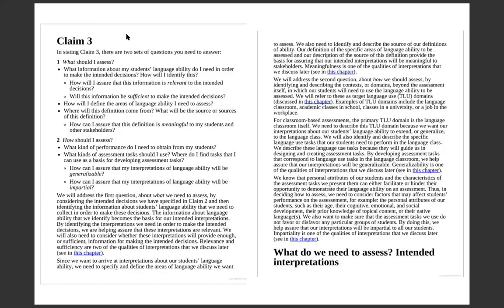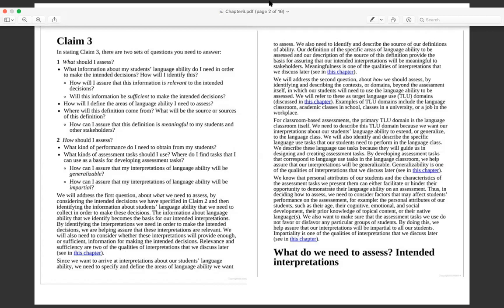Okay, so of course, if you read this first paragraph after the questions, then you understand the dynamics here. For example, for the first question, about what you need to assess, you need to consider the intended decisions that we specified in claim 2.